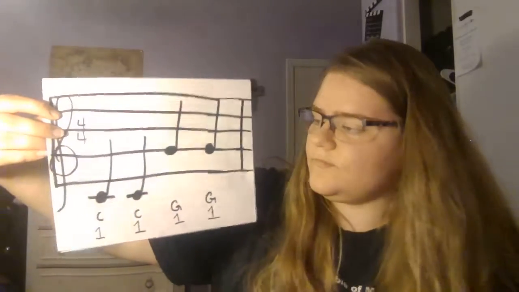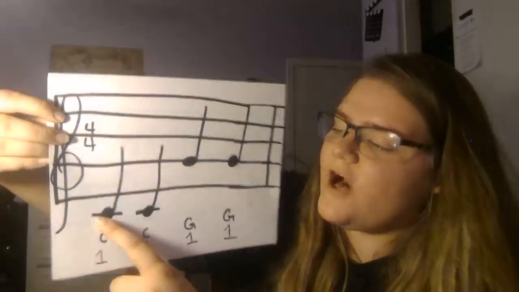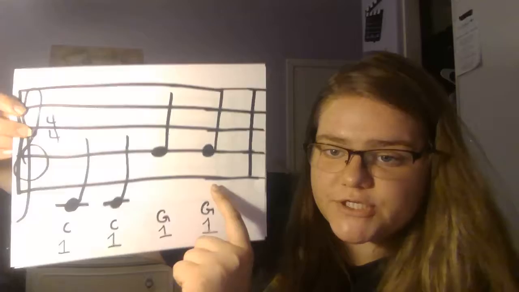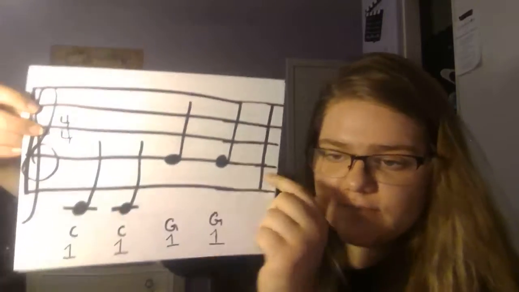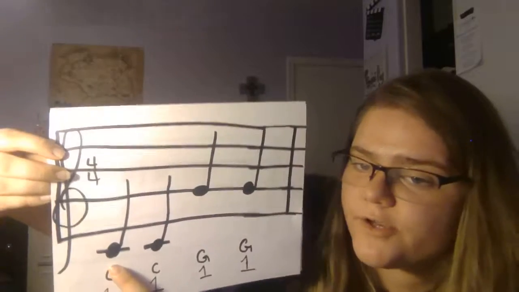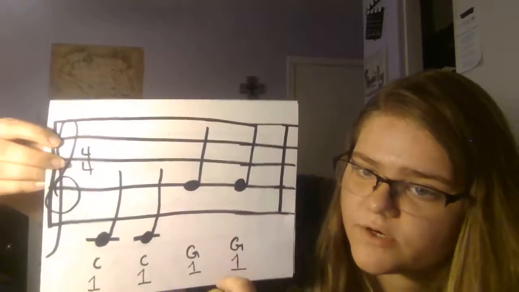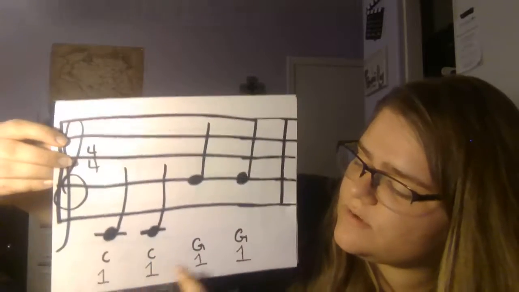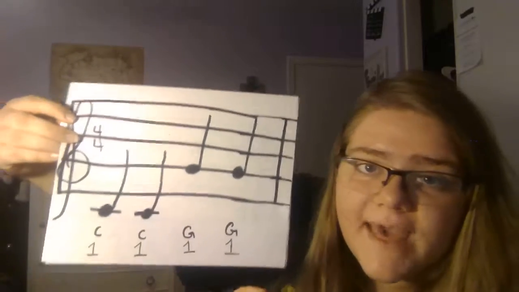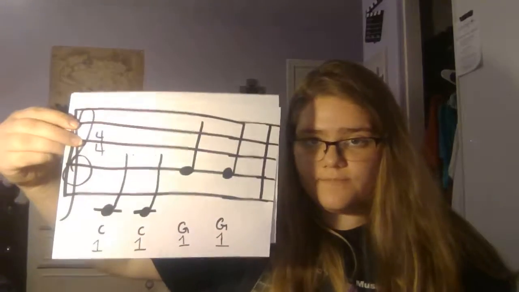So, first I would identify how many counts each note in the measure gets. Notice our measure line right here. So, if we're in 4/4 time, this is a quarter note, this is a quarter note, this is a quarter note, and this is a quarter note. That means that each note gets 1 beat. So if we count this rhythm, it would be 1, 2, 3, 4.